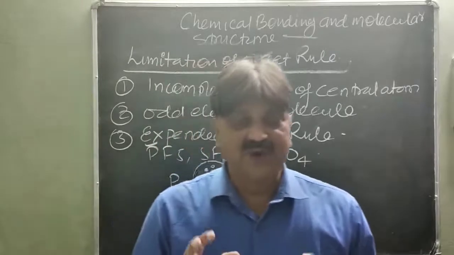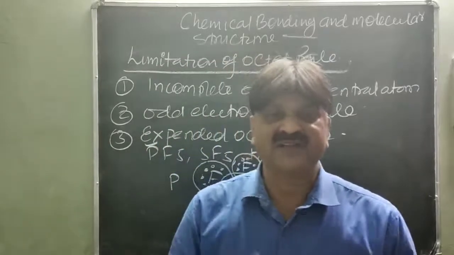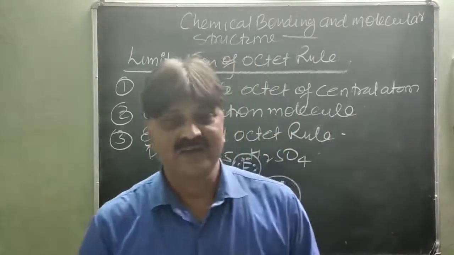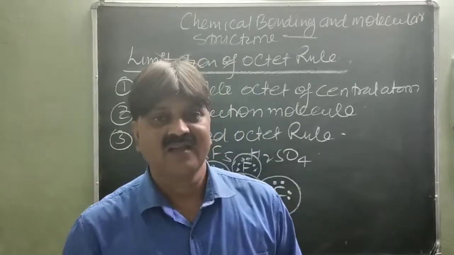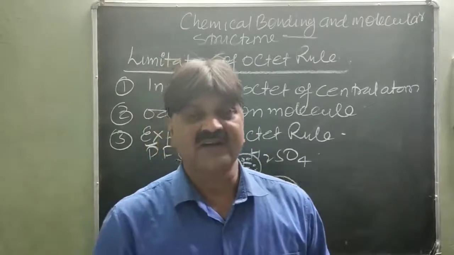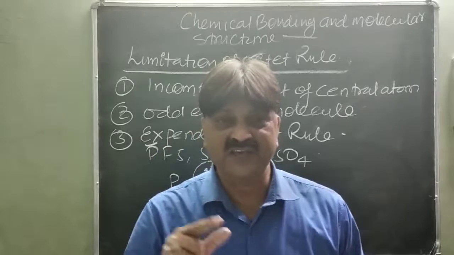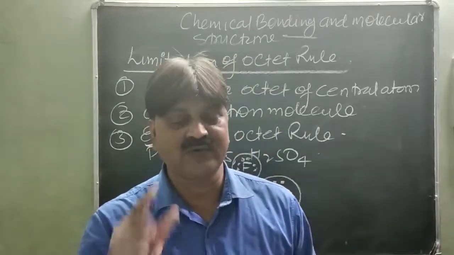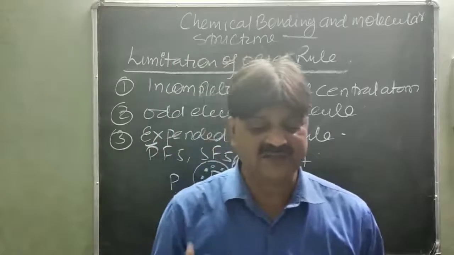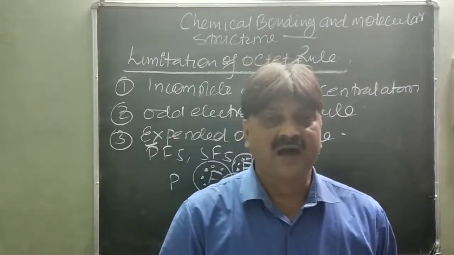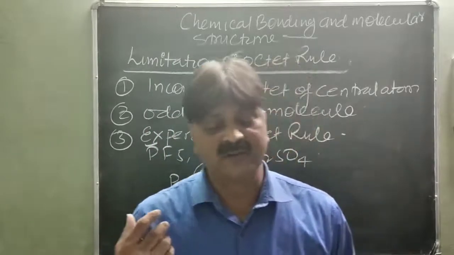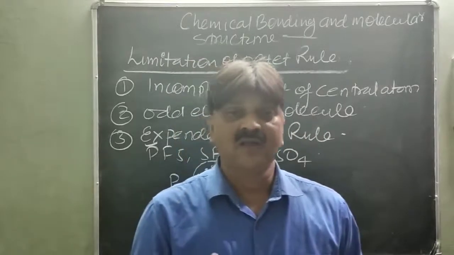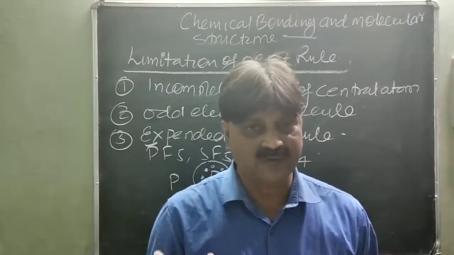Another drawback is that it was based on the inertness of the inert gas electronic configuration, but it was found that some elements like krypton and xenon react with the more electronegative atoms oxygen and fluorine, just like xenon dioxide, xenon difluoride, and krypton also forms molecules such as KrF2.